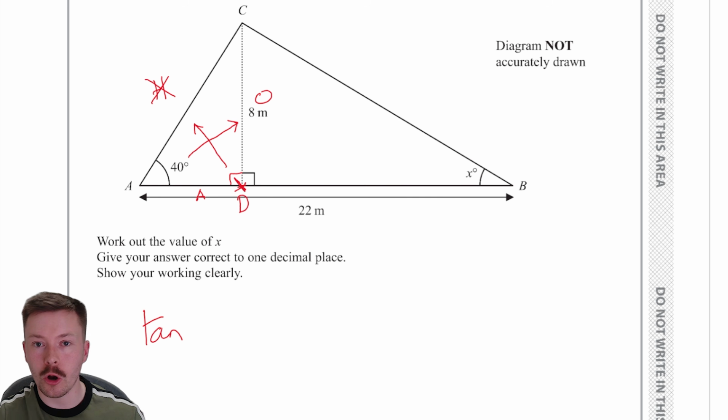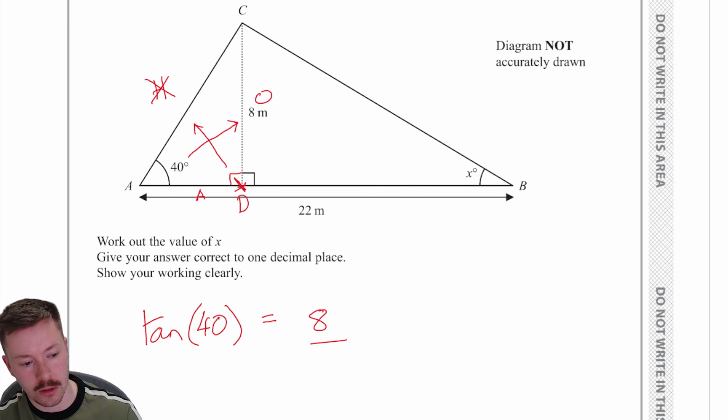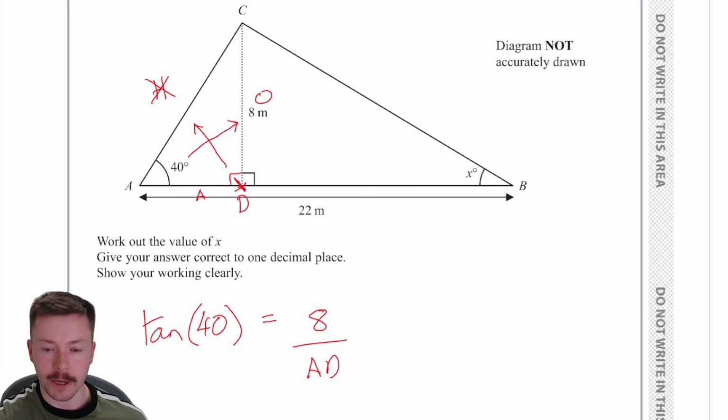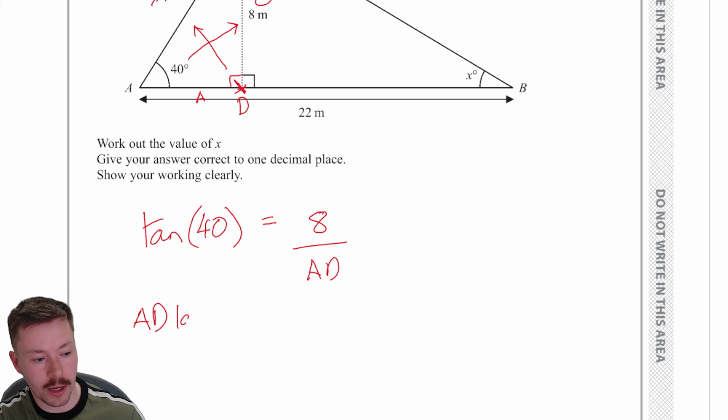Right, now tan is equal to opposite over adjacent. So tan 40 is equal to 8 over AD. Okay, now I want to work out AD. What I'm going to do is times both sides by AD. So I get AD tan 40 is equal to 8.